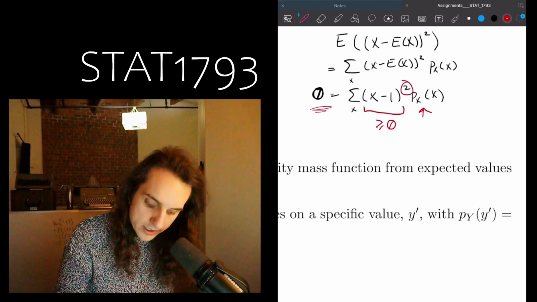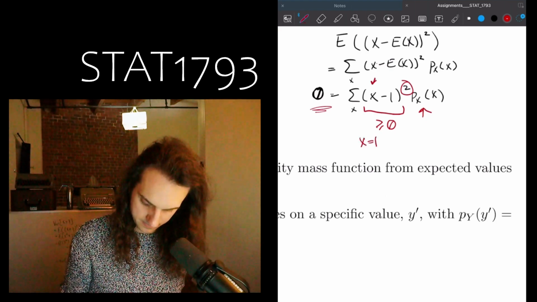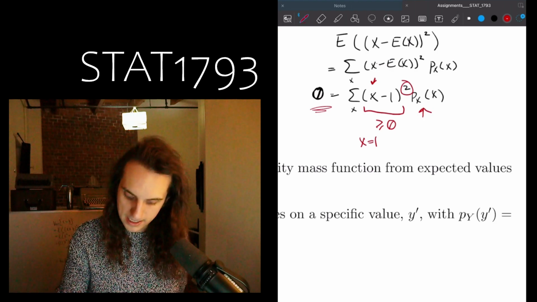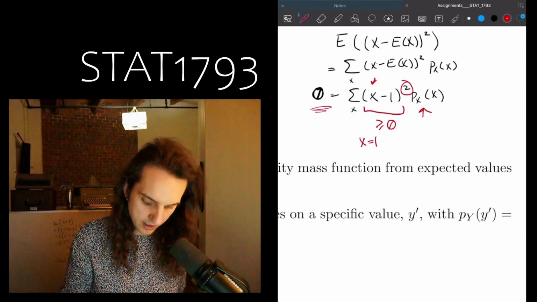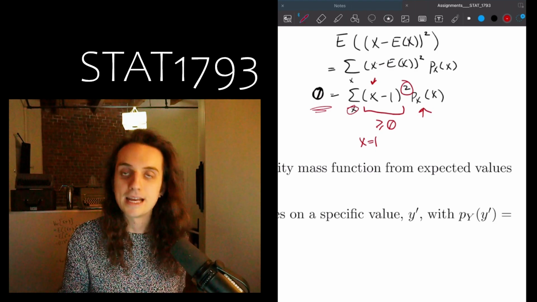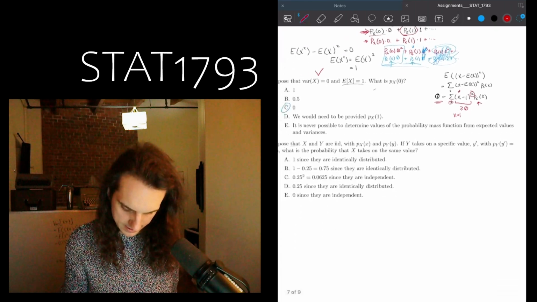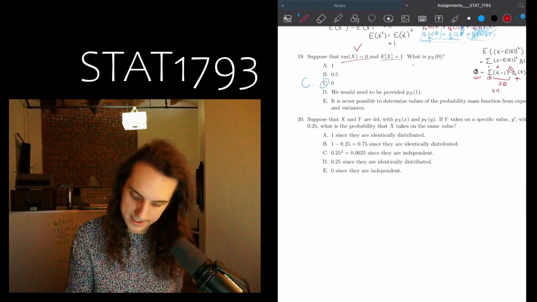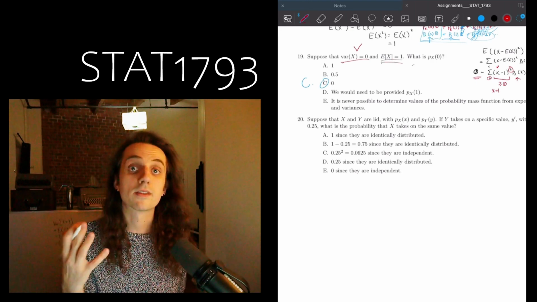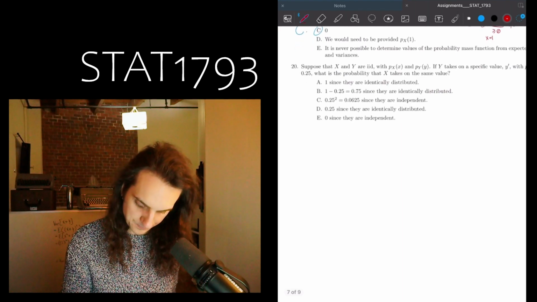And so the only time that this is going to be 0 here is if x equals 1. So every other term has to have the probability of x being 0. It doesn't matter what values we're summing over, they have to be 0, as otherwise the variance would be greater than 0. So hopefully that makes a little bit more sense there. But either way, if the variance is 0, we know it has to be a constant. Because the mean is 1, we know that constant has to be 1. And so C is going to be the correct answer.